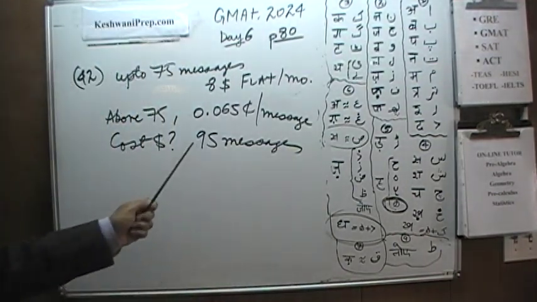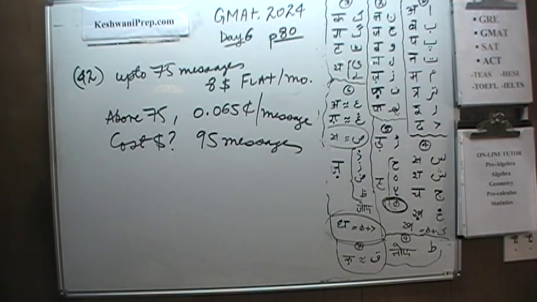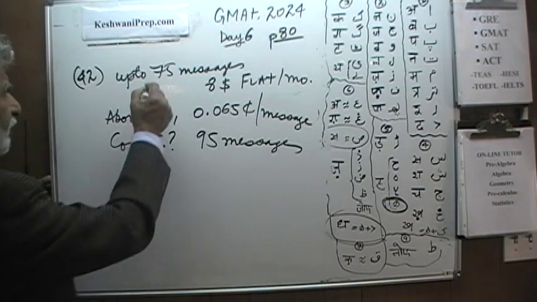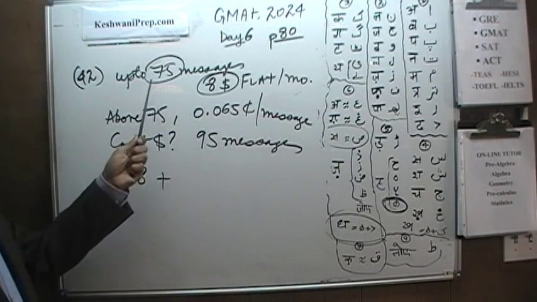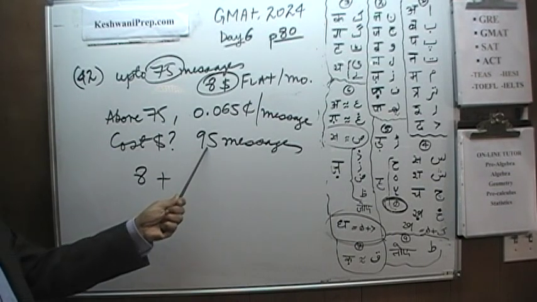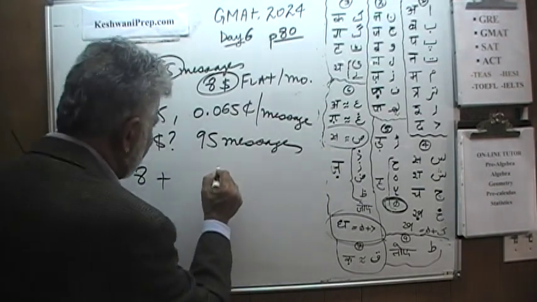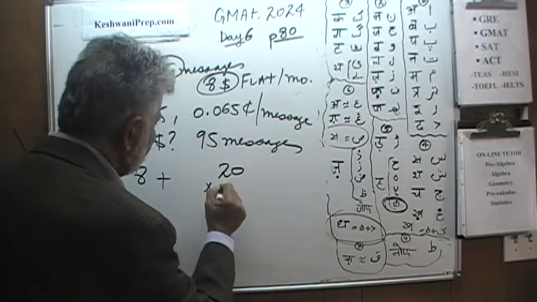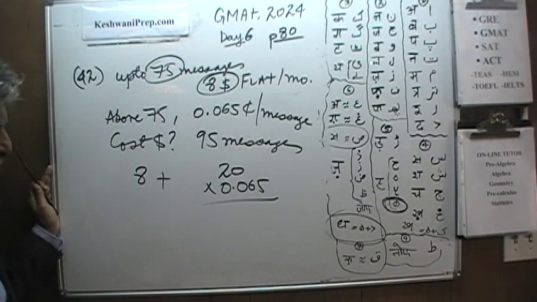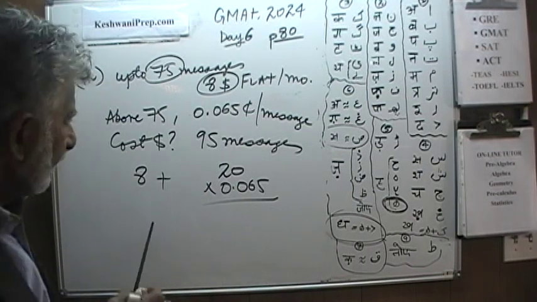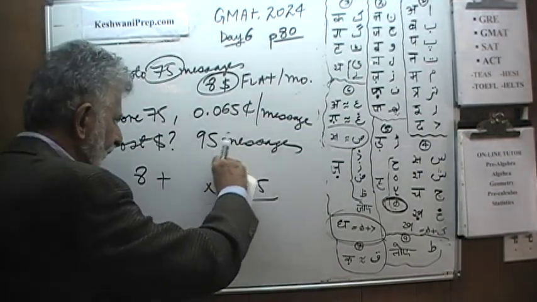It's very straightforward. Pause the video, do it yourself. Well, up to 75 is just $8. So that's $8 plus, but we did not send 75 messages, we sent 95 messages. So we have to multiply the rate by 20. So here's what we're going to do. Instead of doing it by 20, let's do it by 10.